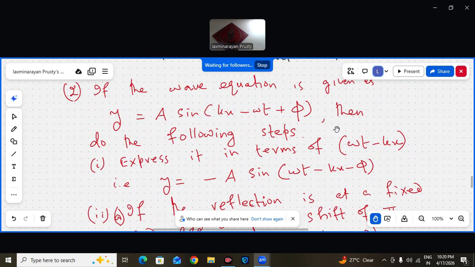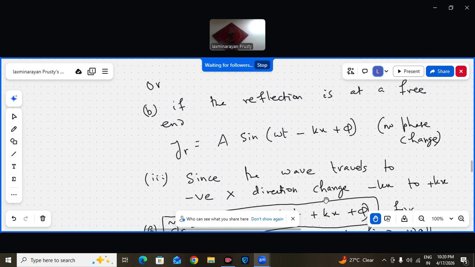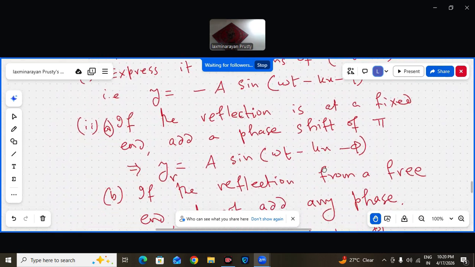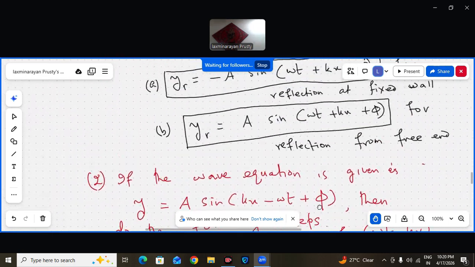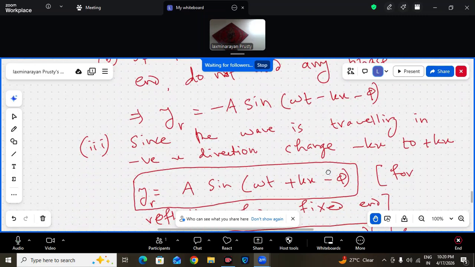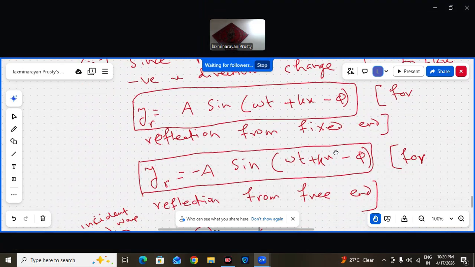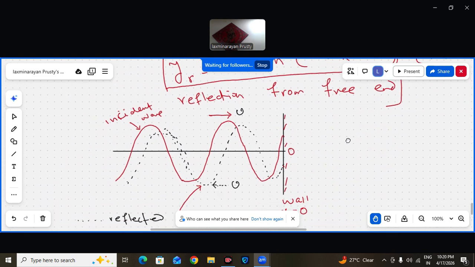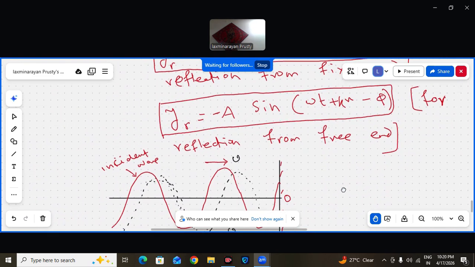That kx minus omega t is converted to omega t minus kx by taking the minus sign out. After that, you can follow the black, whatever I discussed. Understood? Anyway, I have discussed this in the conclusion also, separately. Am I clear? All the best to you. I think I have clarified one of the requirements you asked for.